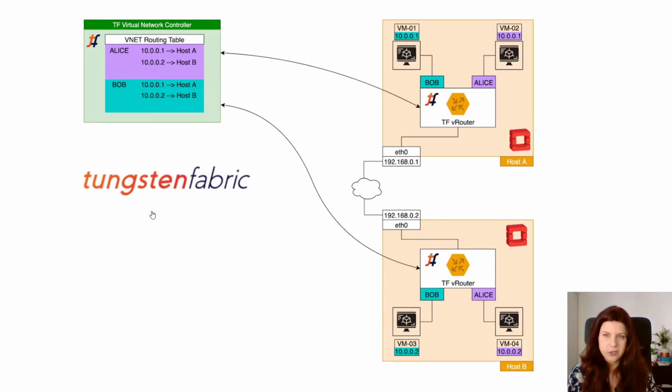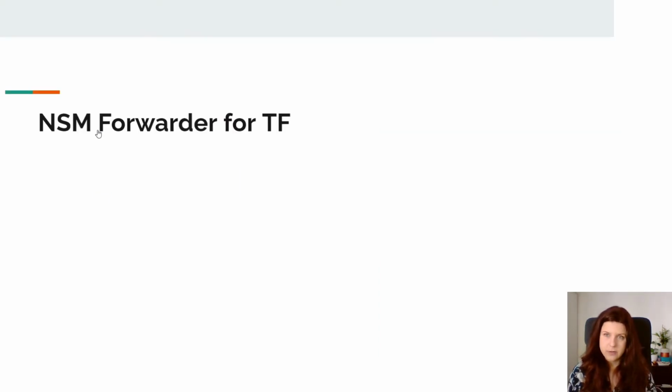In the picture, you have 4 virtual machines on 2 OpenStack hosts with Tungsten Fabric vRouters installed within. And Tungsten Fabric maintains a global routing table and keeps it synchronized between the vRouters. So now we'd like to connect this world to a Kubernetes cluster. So here comes the network service mesh forwarder for Tungsten Fabric.